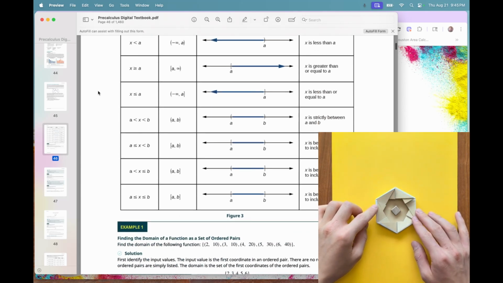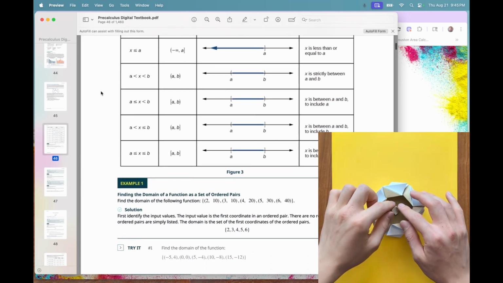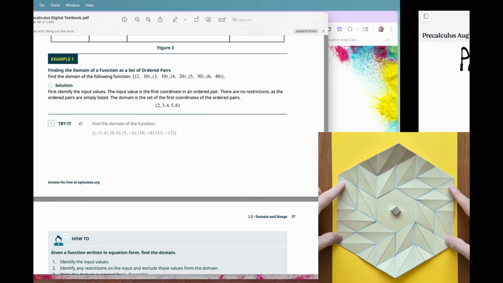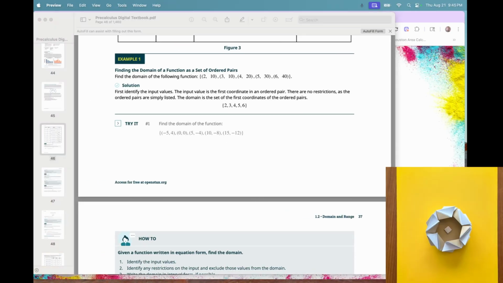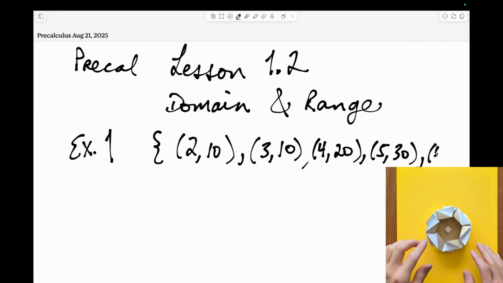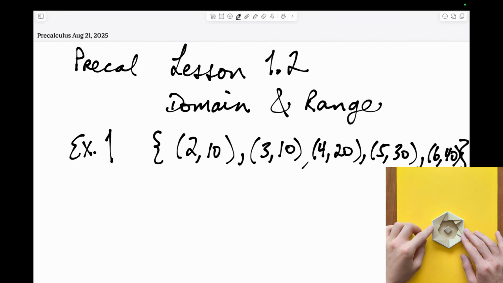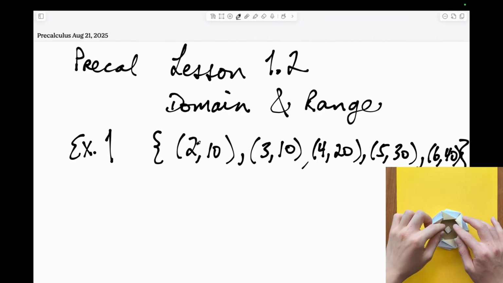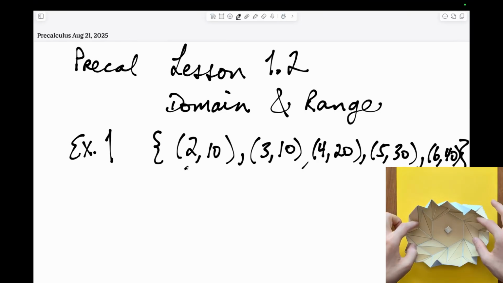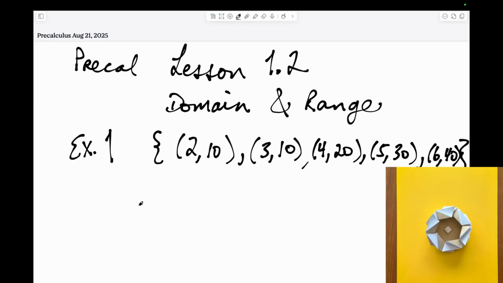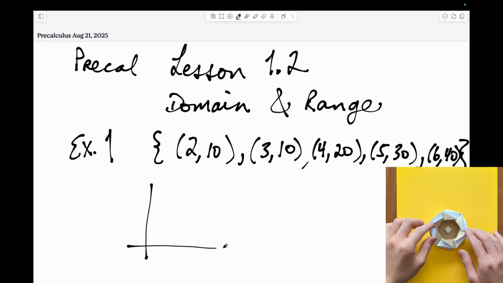Let's talk about our first problem, though, when we think about domain and range. These are the 1, 2, 3, 4, 5 points that we have. If you're a visual person, you can think about graphing these. You have inputs, that's the first number, and then you have outputs.